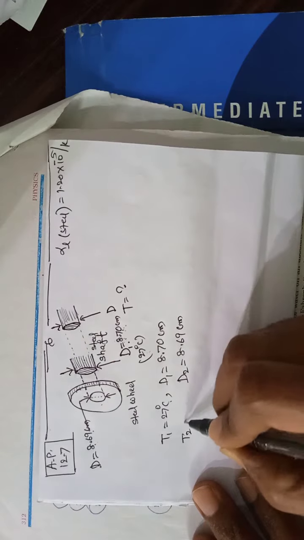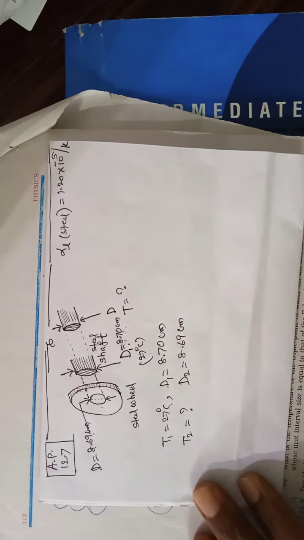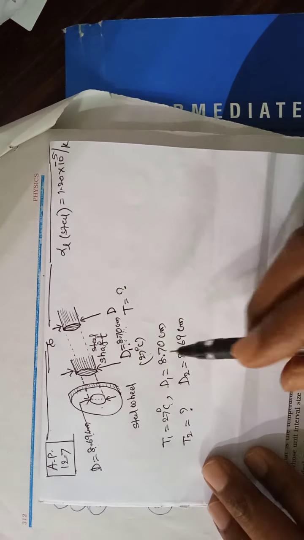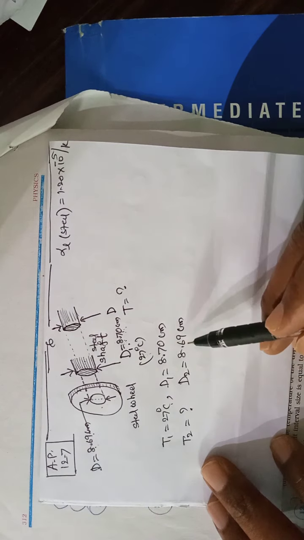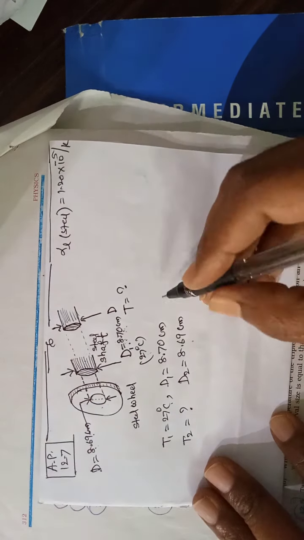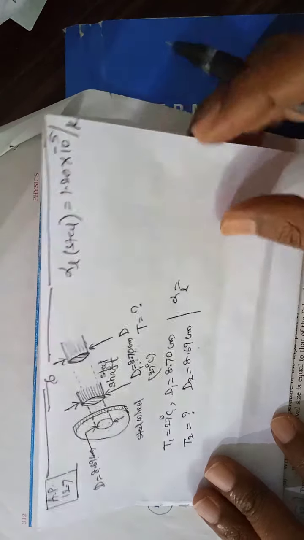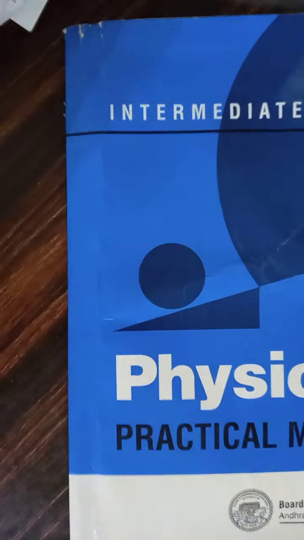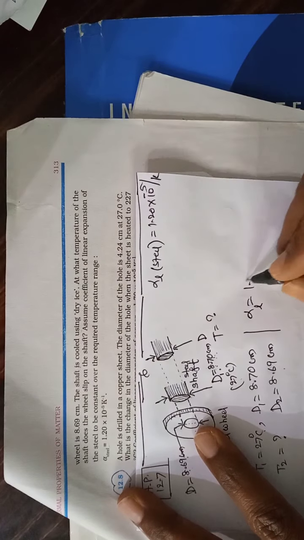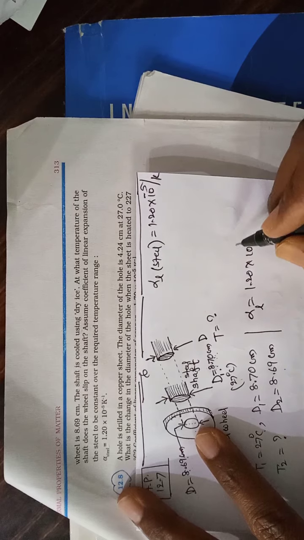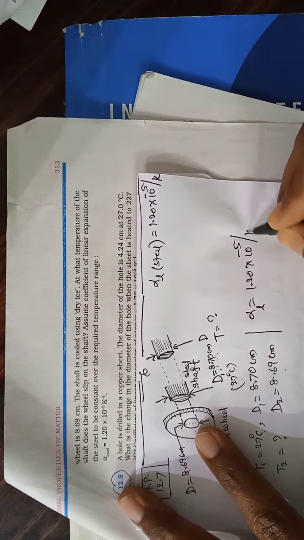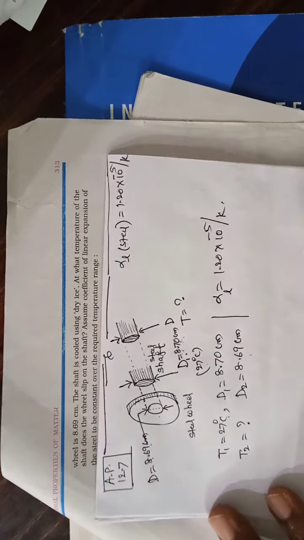And T2 should be found out, at what temperature the diameter decreased from this value to this value. That is asked. And the alpha L value for steel is given as 1.20 × 10^-5 per Kelvin.